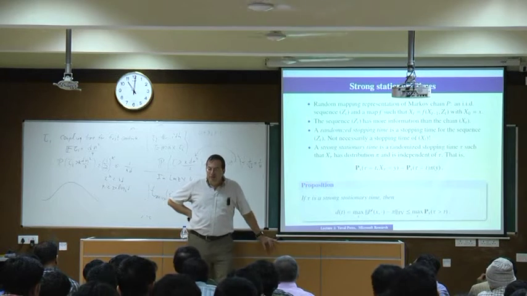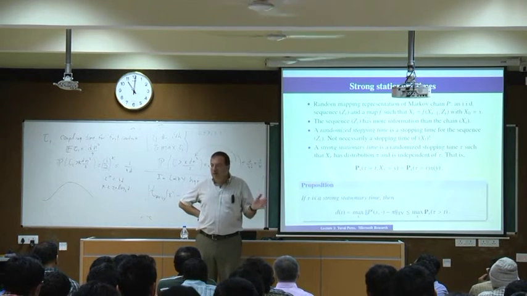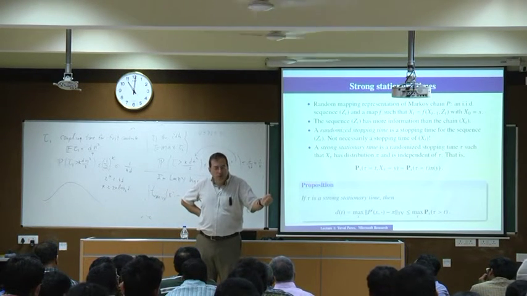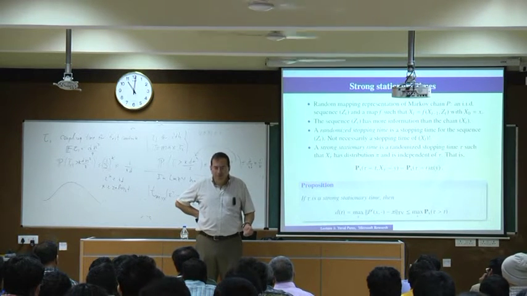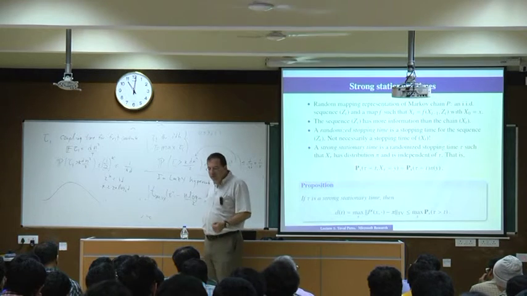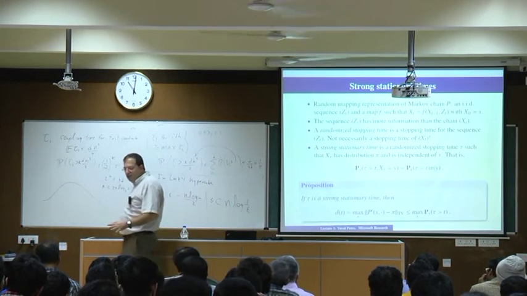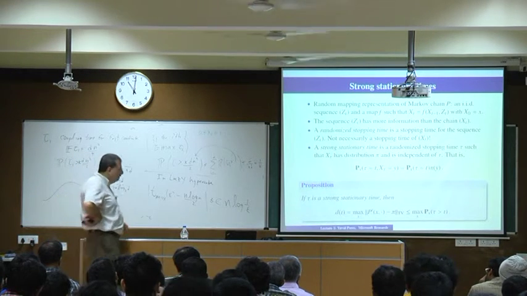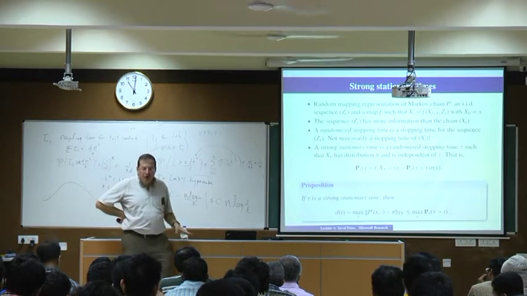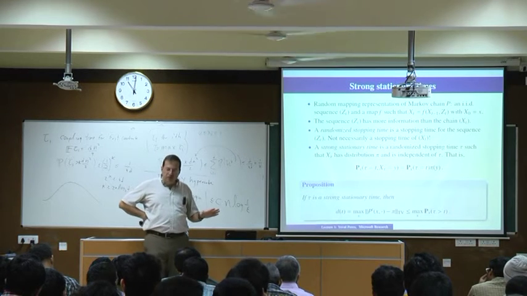But picking a point according to the stationary distribution and waiting till you hit it is still a stationary time. So you can bound the mixing time using strong stationary times, but not using stationary times, unless you have additional conditions.